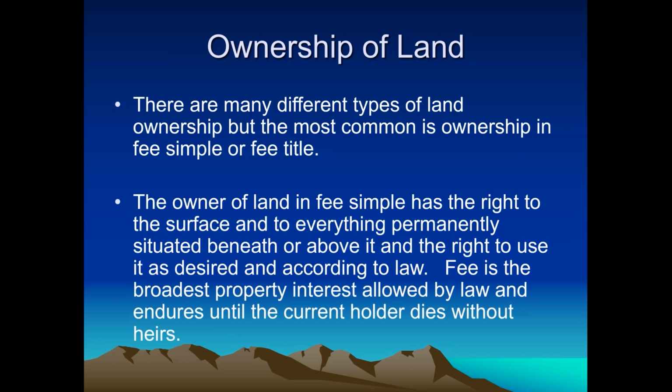And of course, we are learning more about what that means as we get into drone technology. And then, of course, fee simple is the broadest property interest allowed by law, and it endures until the current holder dies without heirs. So that's a good concept to understand because a lot of people own land in fee simple, but then there are variations in land ownership.